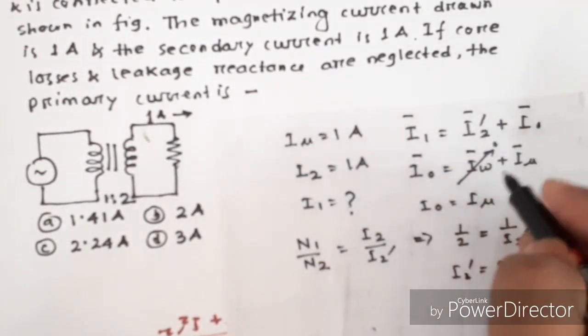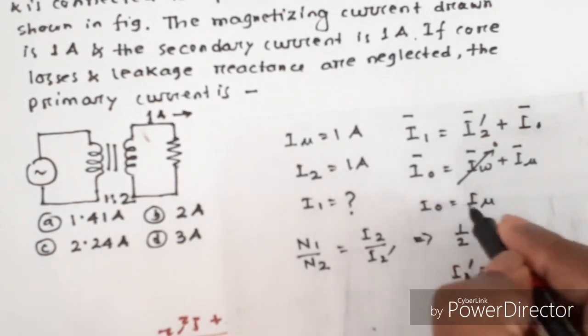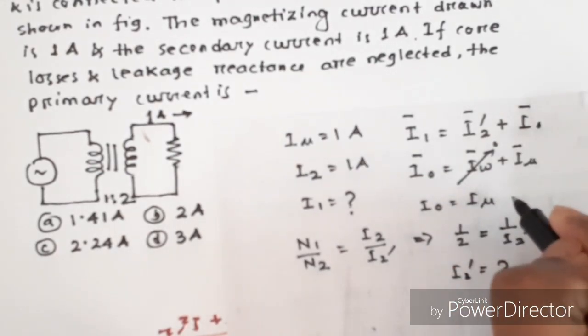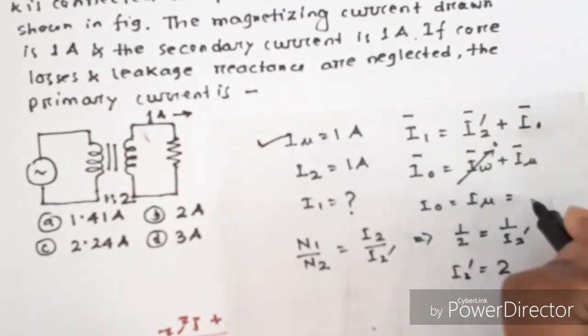I0 is the magnetizing current, and it is given as 1 ampere.